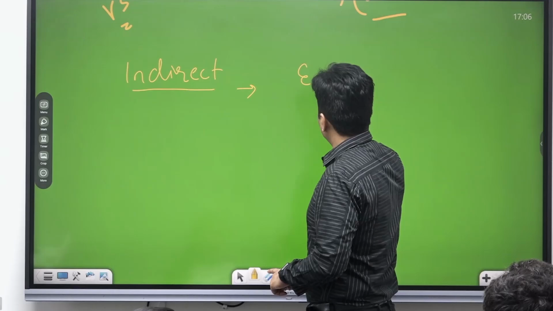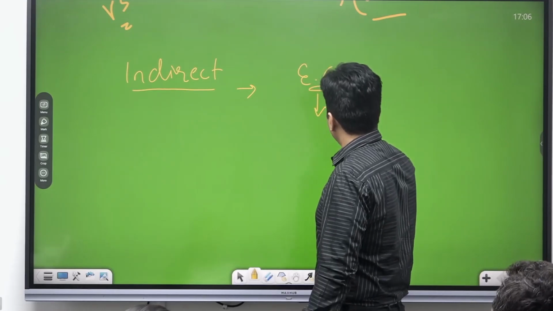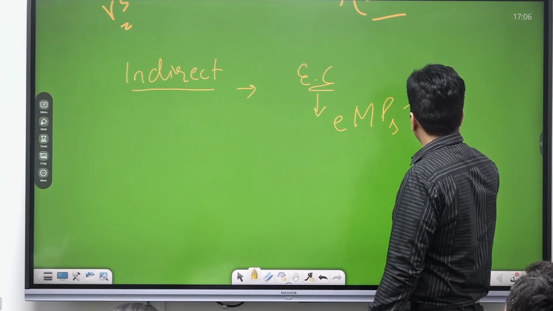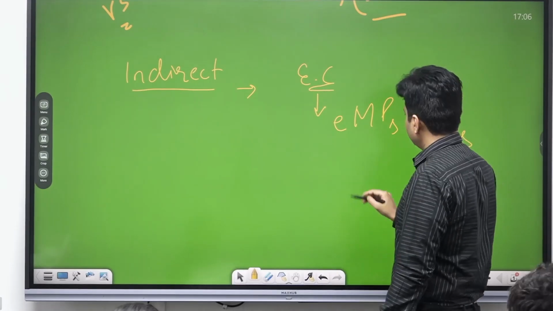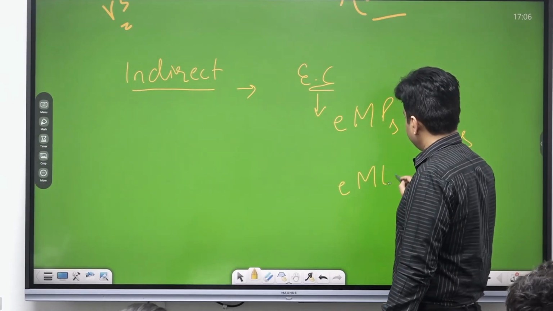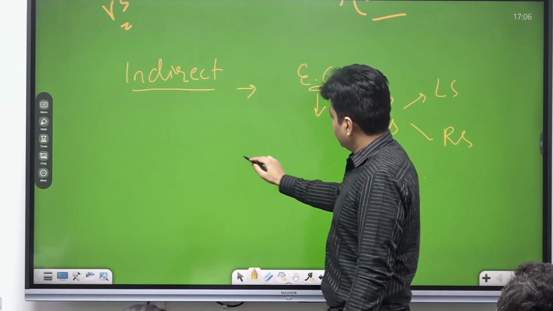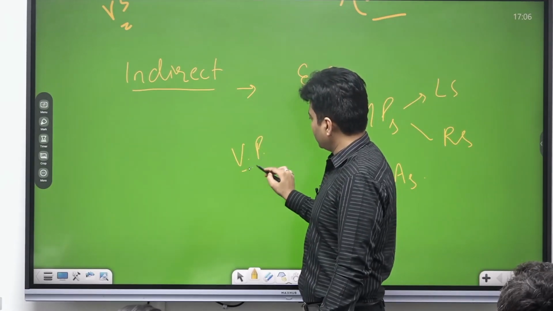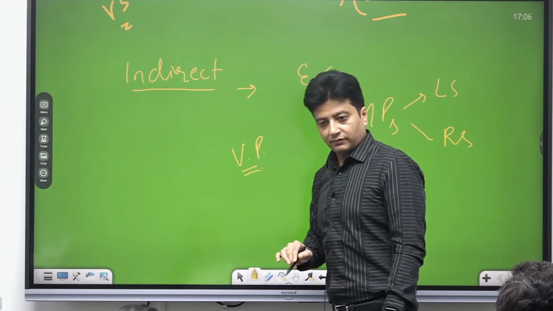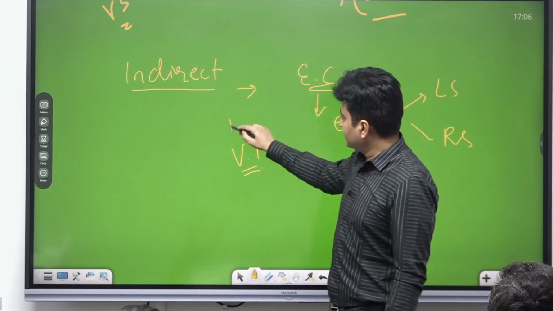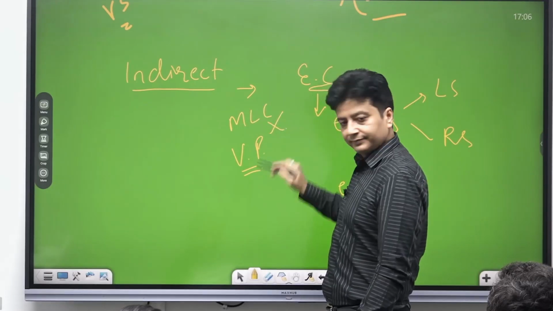And we have the electoral college, and in that we have elected MPs from Lok Sabha and Rajya Sabha, and elected MLAs. It means the Vidhan Sabha, these are there in the state, MLCs are not in it.